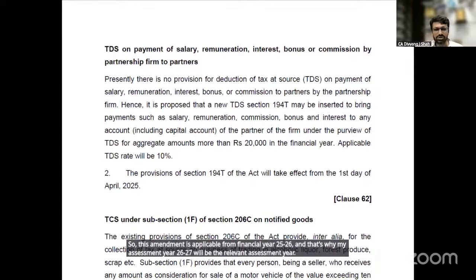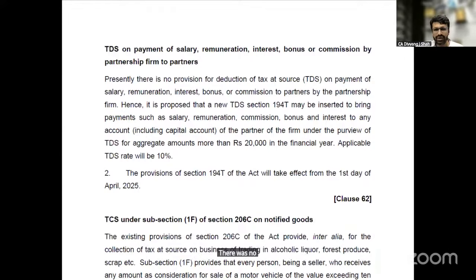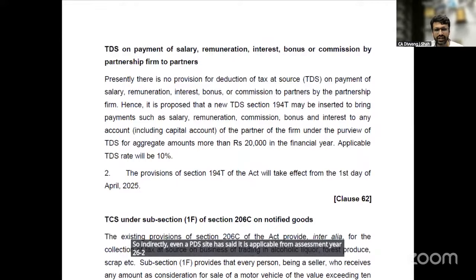And otherwise also, lots of people have answered me for payment of this 194T TDS. There was no challan available for financial year 24-25. So indirectly, even the TDS site has said it is applicable from assessment year 26-27 or from financial year 25-26.